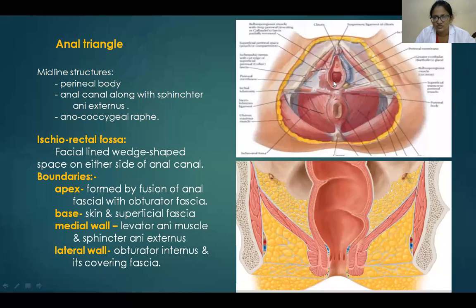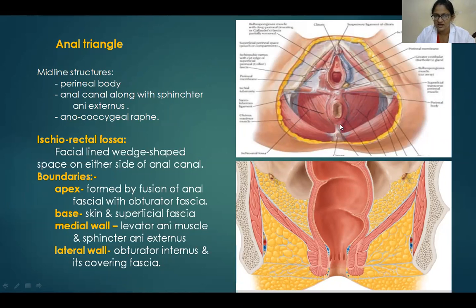Okay, see here we are going to discuss the anal triangle. What are the structures in the midline of the anal triangle? This is the perineal body. This is the anal canal opening, along with the external anal sphincter around it.